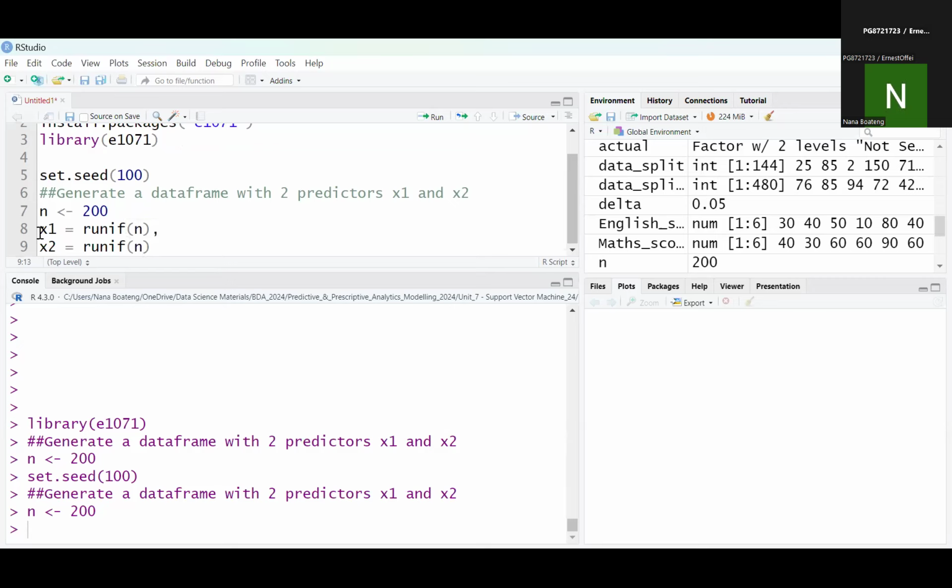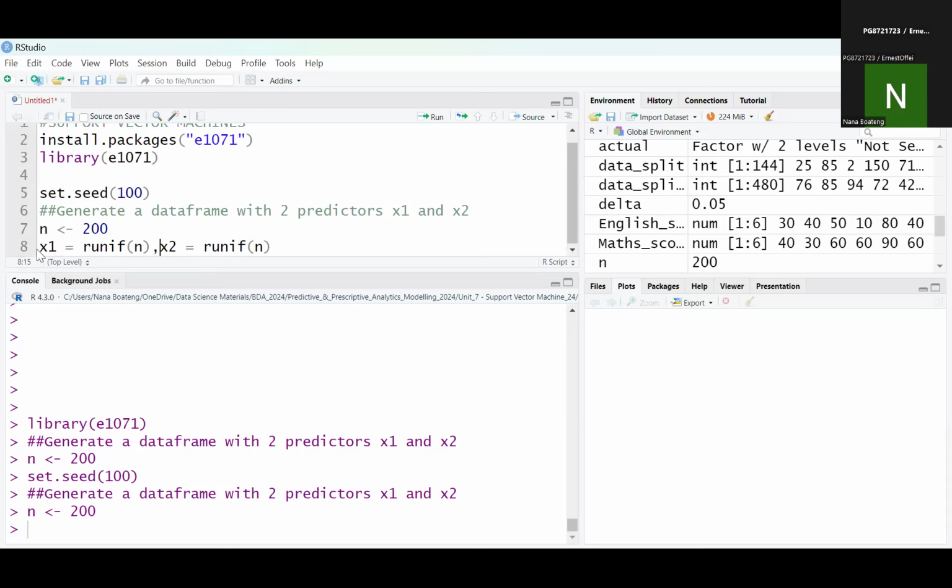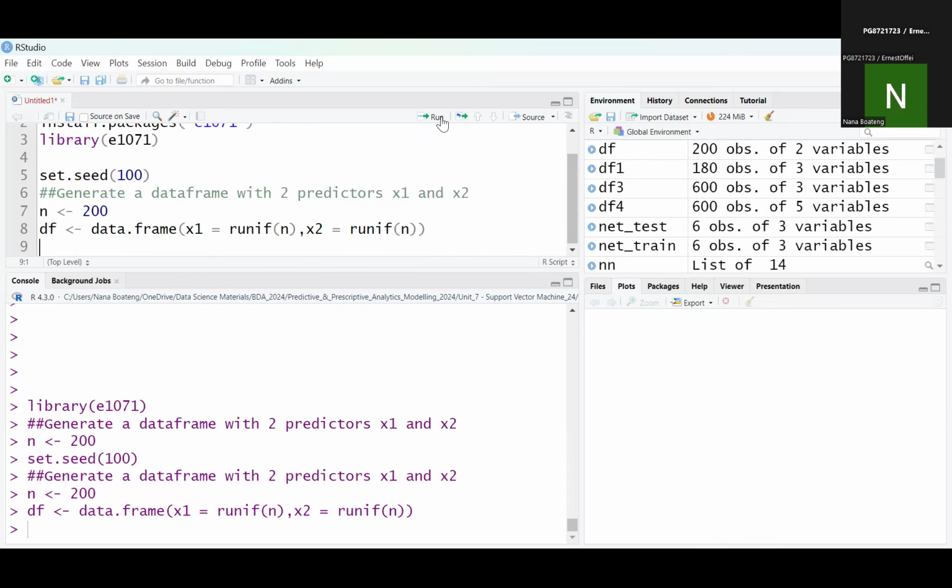What we want is for all this to be in a data frame, so we wrap it in data.frame, and let's call this df.